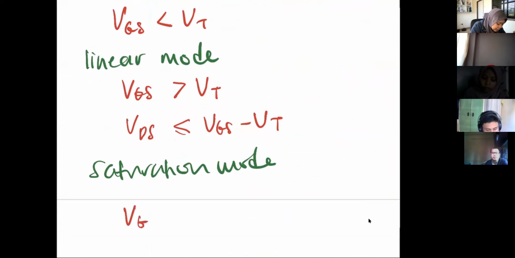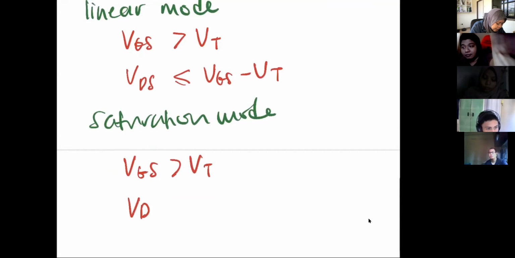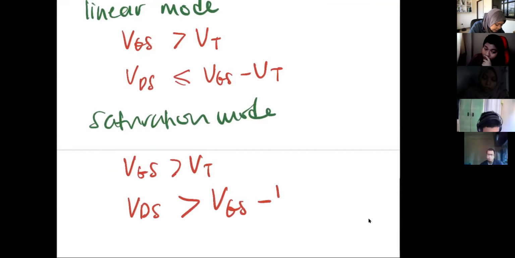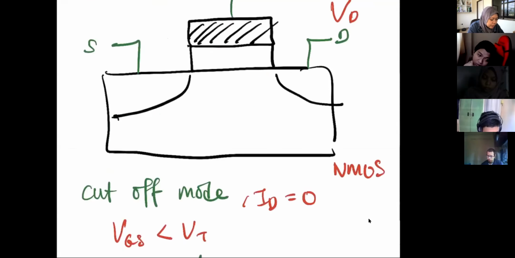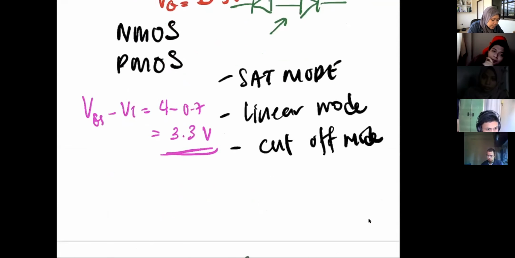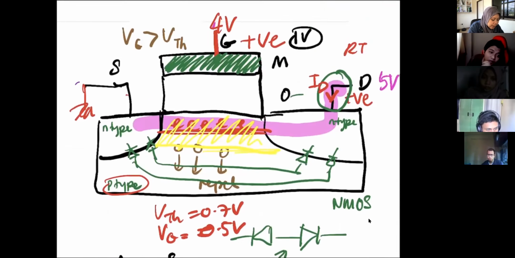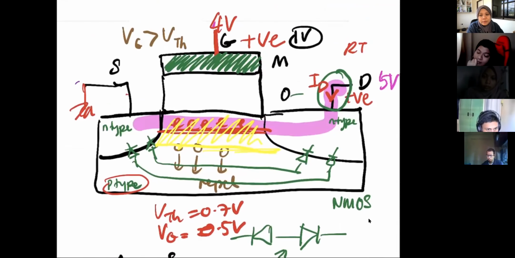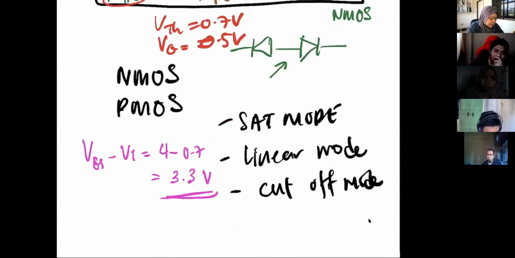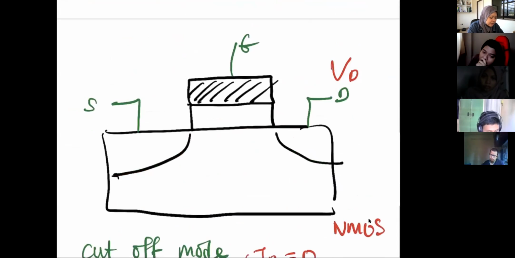So VGS should be greater than VT, and VDS should be greater than VGS minus VT. If I calculate correctly, my VGS minus VT is 3.3. Now I'm applying 5 volt to this transistor. What happens inside the transistor now? Who wants to answer?